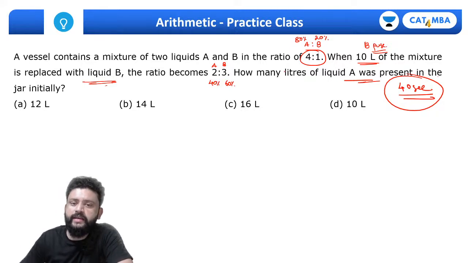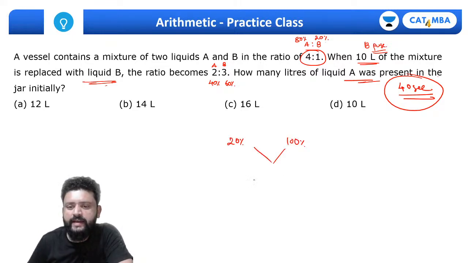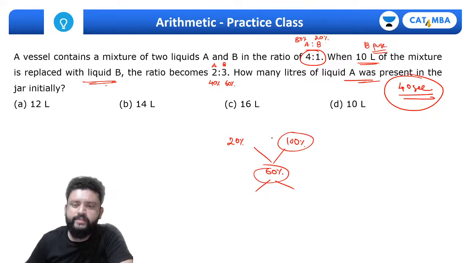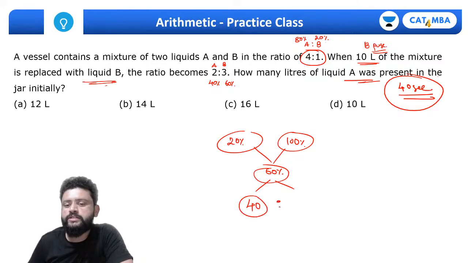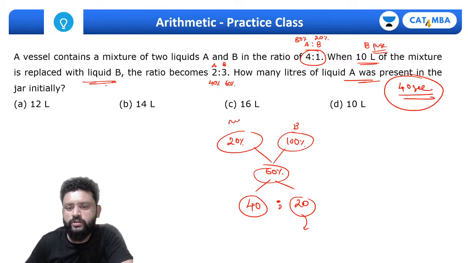So initially B का concentration सिर्फ 20% था. Now you added 100% B with that and you are getting the concentration as 60%. मैं percentage इसलिए यूज कर रहा हूँ क्योंकि percentage में easily convert हो रहे हैं value. It's not compulsory तुम percentage में convert करो. This is 40:20. That means अगर हमने pure B जो है, this is the mixture.